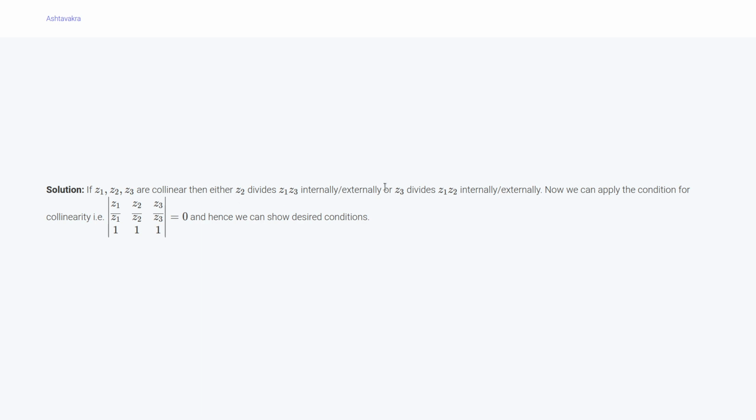So we use the condition for collinearity using the determinant with rows Z1 Z2 Z3, Z1 bar Z2 bar Z3 bar, 1 1 1, equal to 0. Now it's a straightforward evaluation of this determinant to get the desired condition. Again, we have not yet covered determinants, so you might want to skip this problem.